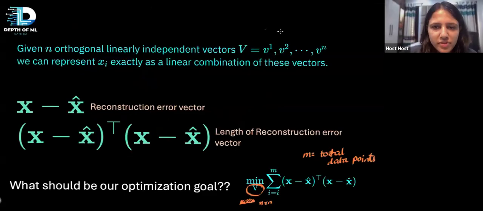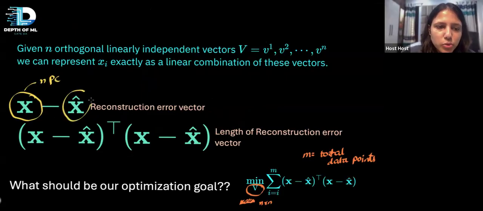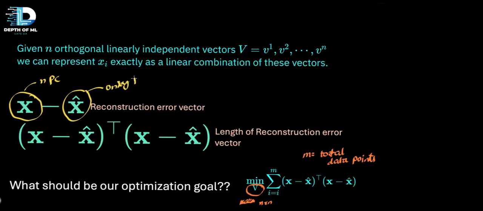Okay, so this is the full construction. I've chosen some V, from V1 to Vn, and in this original V, I can represent the whole image in the new basis, using n features, n principal components. And I'm representing using only k principal components. So X is basically represented in these V's only.